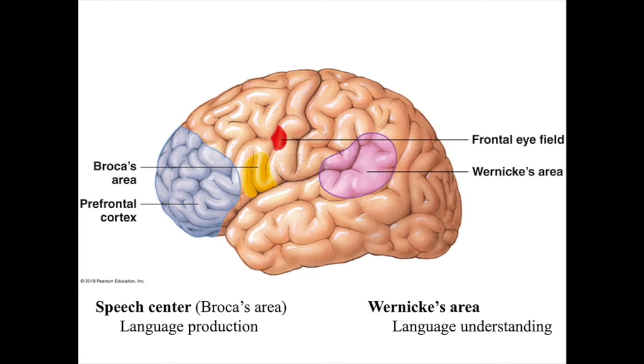People may speak a lot, but they are not understanding what you're saying. In both cases, the hemisphere that controls language tends to be the left, even for people who are left-handed.